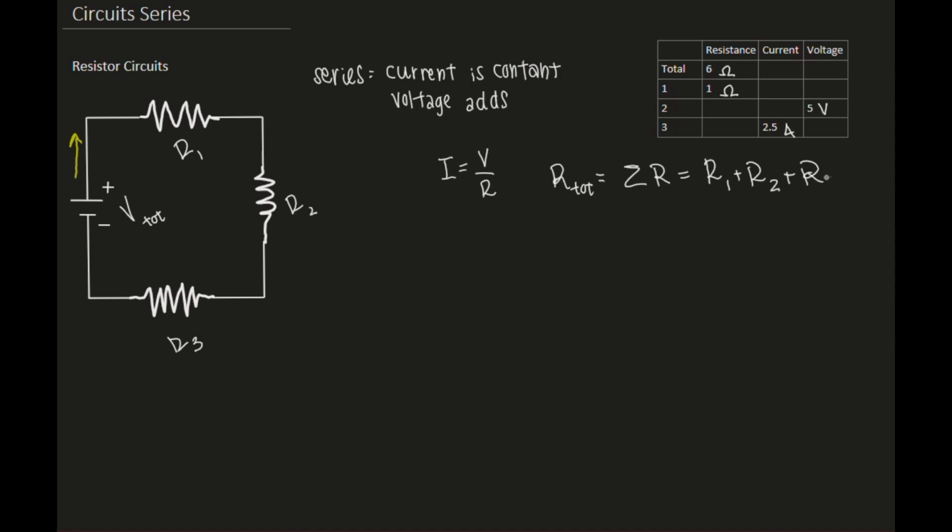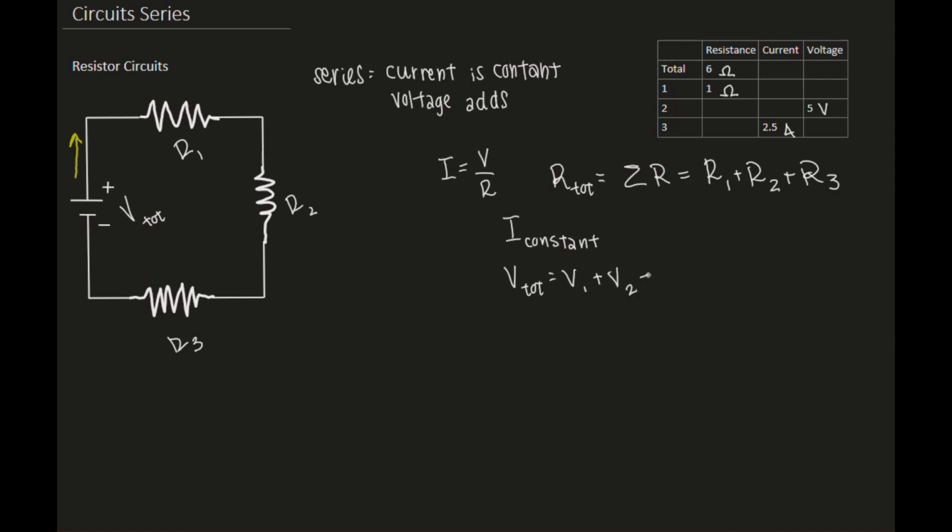We can use these few bits of information as well as knowing current is constant, and that the voltage adds, so the total voltage is going to be, not R, V1 plus V2 plus V3.